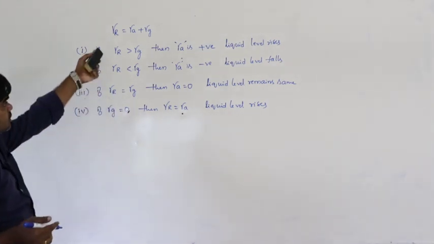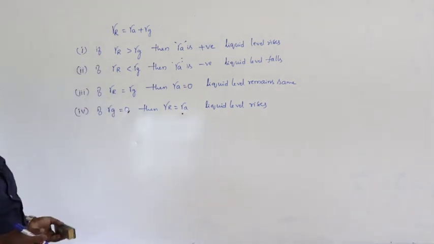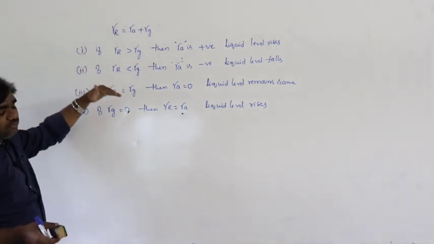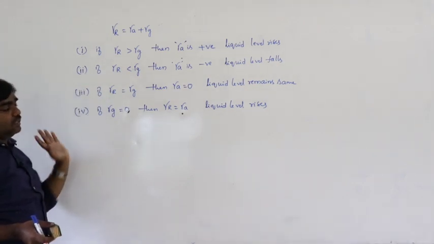So, these are the applications based on gamma R equals gamma A plus gamma G: when the liquid level rises, when the liquid level falls, and when it remains the same.